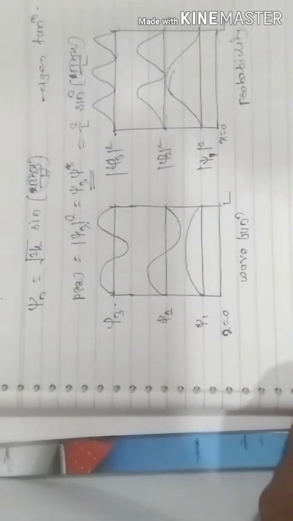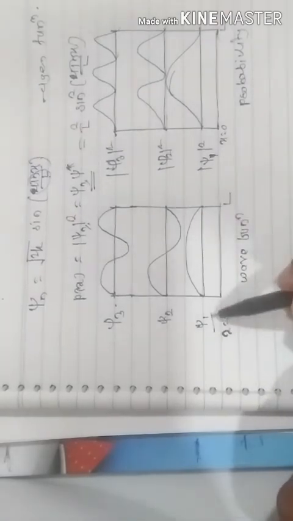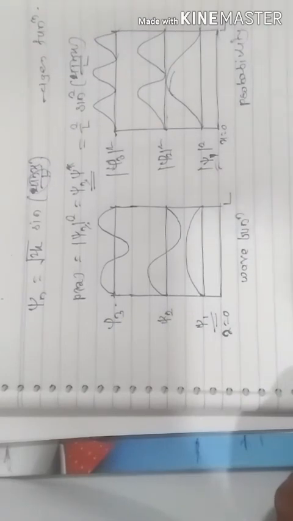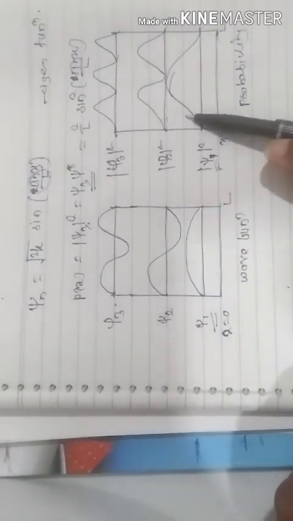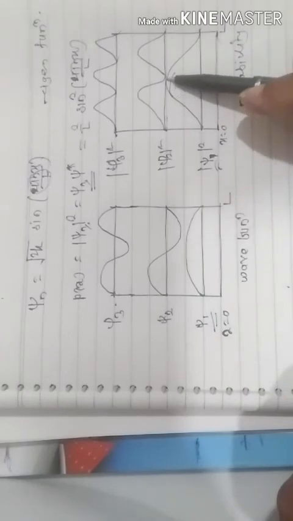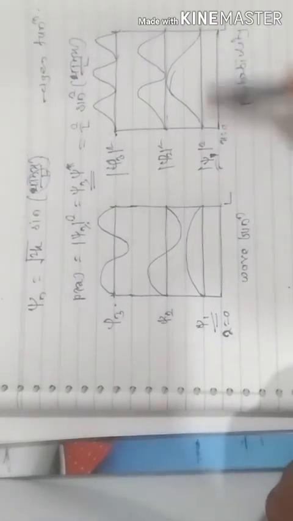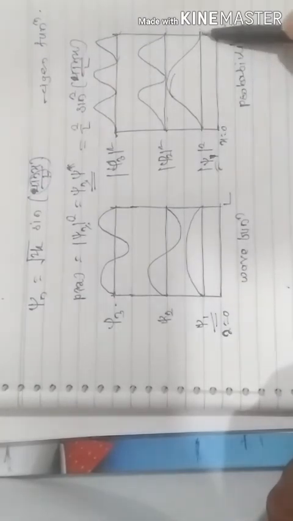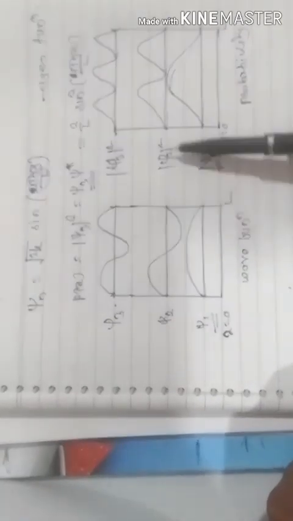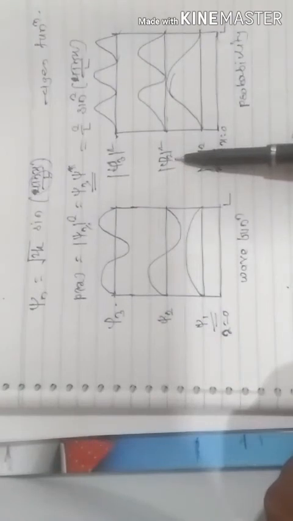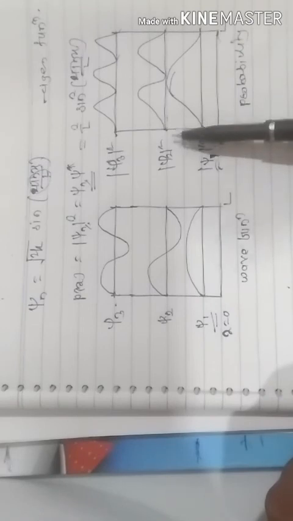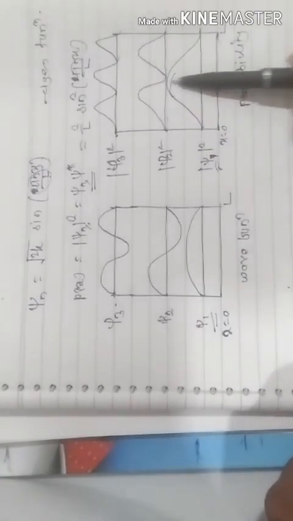From this diagram we know the particle having the lowest energy E1 has a wave function psi 1 for which the probability of finding the particle is maximum at the center of the box and becomes 0 at x is 0 and x is L. While for a particle of energy E2, n equal to 2, the probability of finding the particle is 0 at the center.